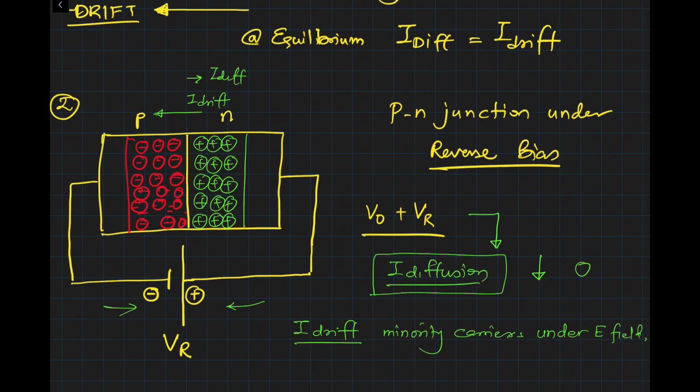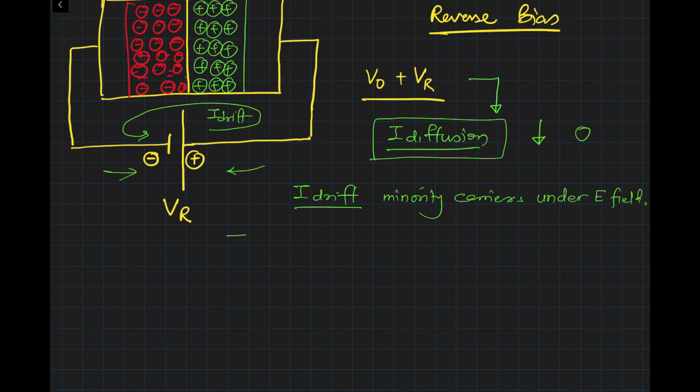If you look at this carefully, the only current you can say which is flowing in this direction will be I drift. Okay, so we can write I reverse bias is equal to I drift. Now this is still not that interesting because there is no current flowing, and the current which is flowing in the reverse bias case is again really small.